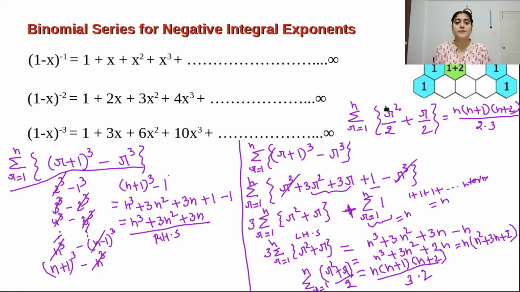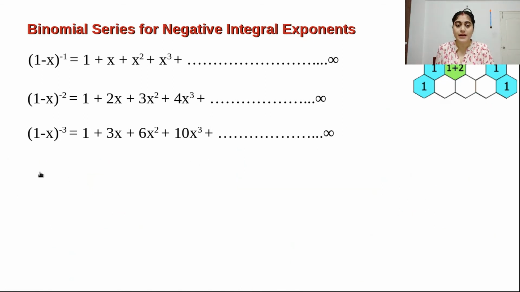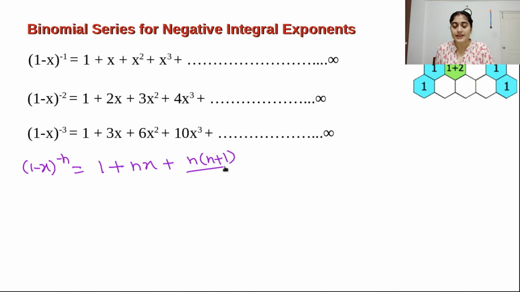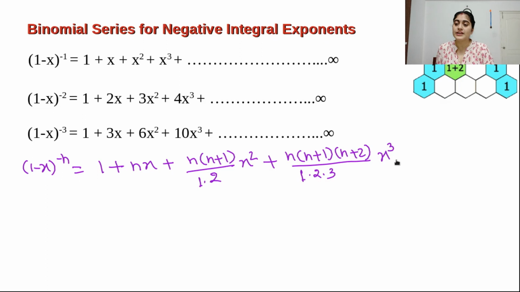So for 1 minus x to the power of minus n, the series will be: nx plus n into n plus 1 by 2 x square plus n into n plus 1 into n plus 2 by 1 into 2 into 3 x cube. Similarly we can keep on increasing.